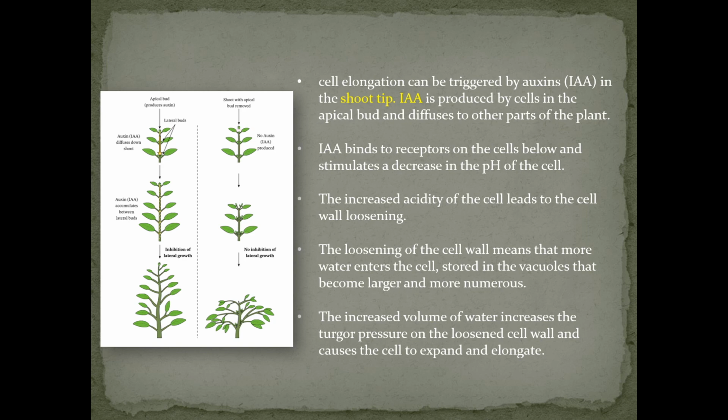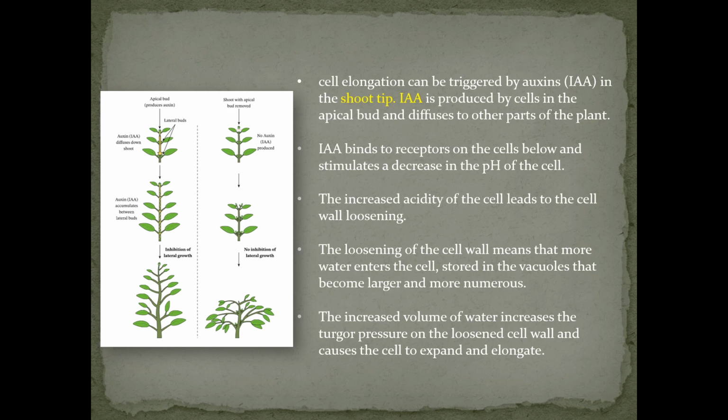Cell elongation can be triggered by auxin, IAA, in the shoot tip. IAA is produced by cells in the apical bud and diffuses to other parts of the plant. IAA binds to receptors on the cells below and stimulates a decrease in the pH of the cells.